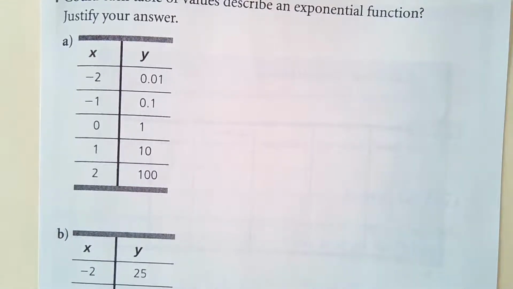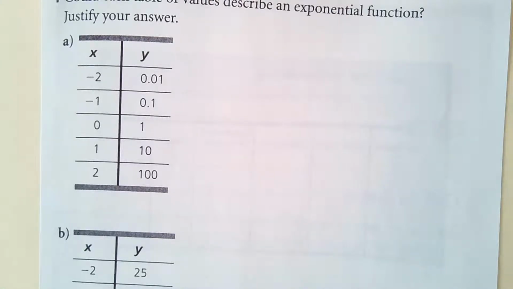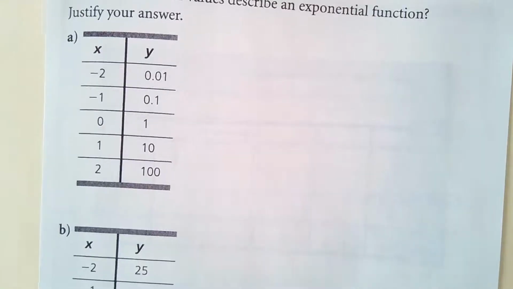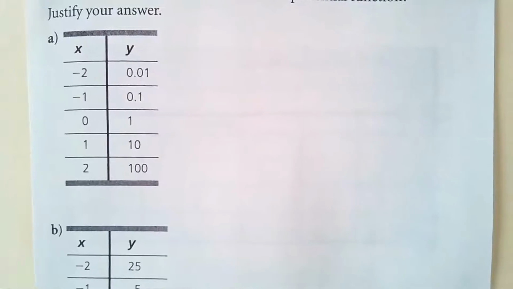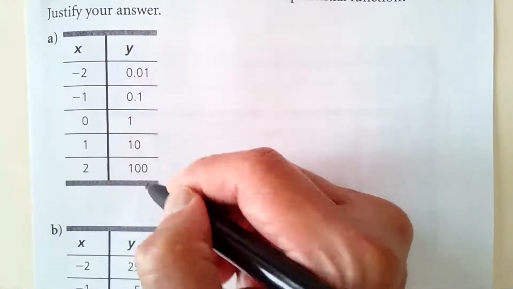Any exponential graph has a constant ratio, not a constant rate of change. So there's no constant rate of change, but a constant ratio between the y values. Let's look at this here. Let's look at the consecutive y values.